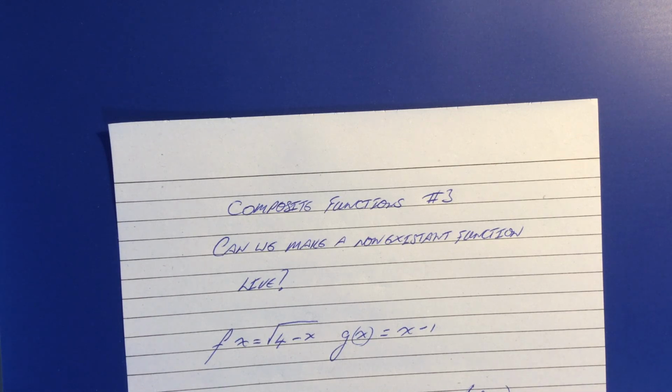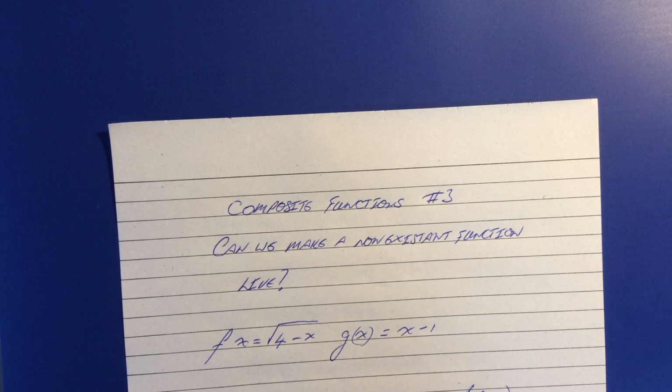They are basically, for f of g to exist, the range of g must be a subset or equal to the domain of f, and for g of f to exist, the range of f must be a subset or equal to the domain of g. Now, if that's not the case, the composite function can't exist.